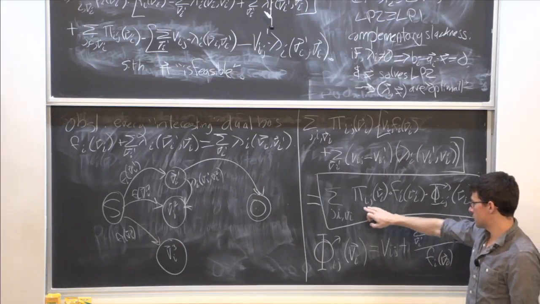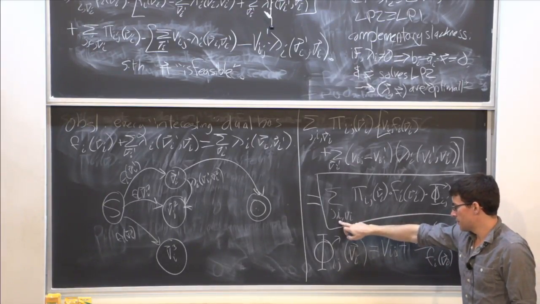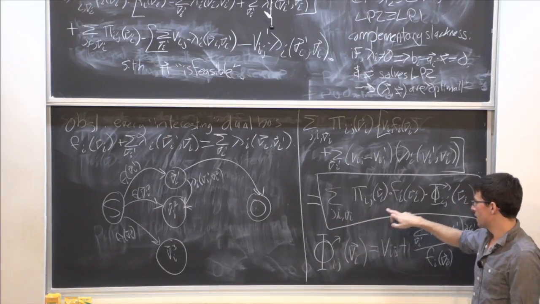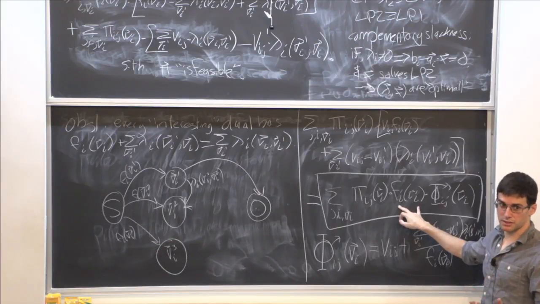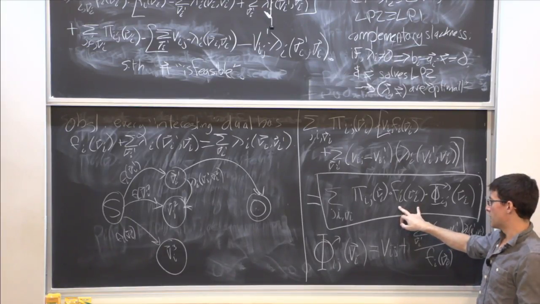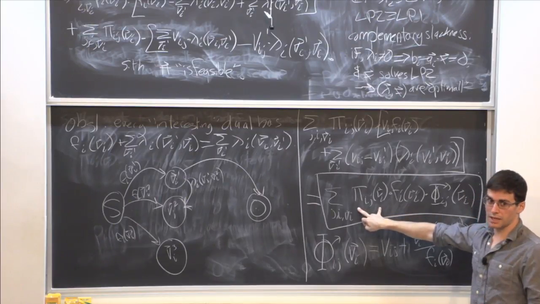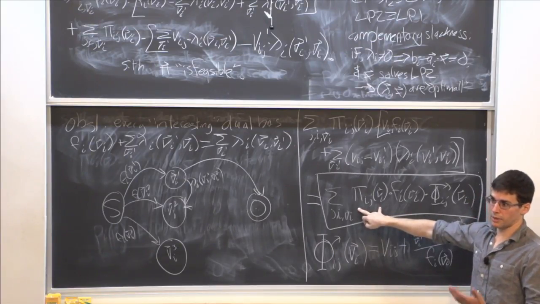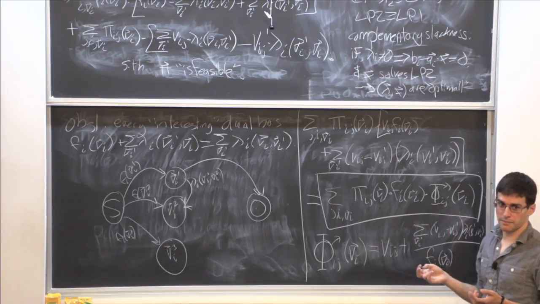And now what is this objective? Well, it's summing over every bidder and every type. What is the probability that this type is present at the auction? Then, conditioned on being present, what is the probability that you get item j? And when you get item j, this is your virtual value for item j.